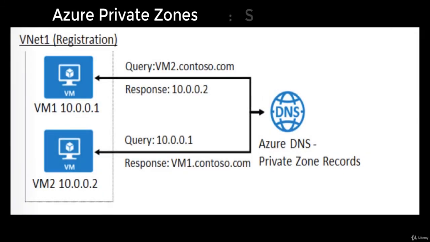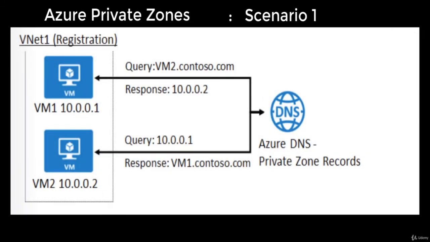So far, we spoke about public DNS zones. Let's also talk about the importance of private zones. Let's understand them with scenarios. The first scenario is where you have a virtual network in Azure, and there are a number of Azure resources inside that.